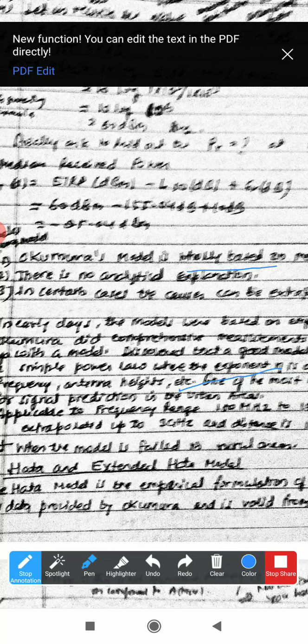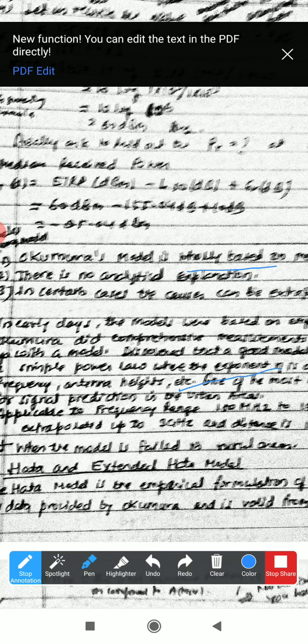There is no analytical explanation in the Okumura model. There are certain causes which cannot be explained. It is the extrapolated.